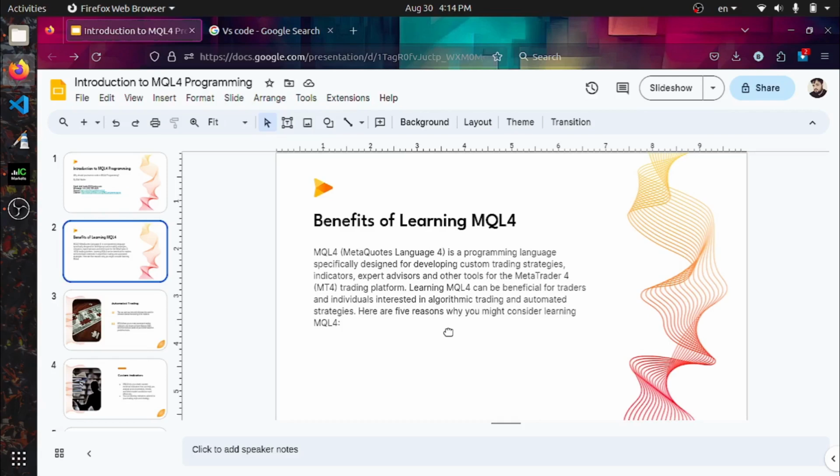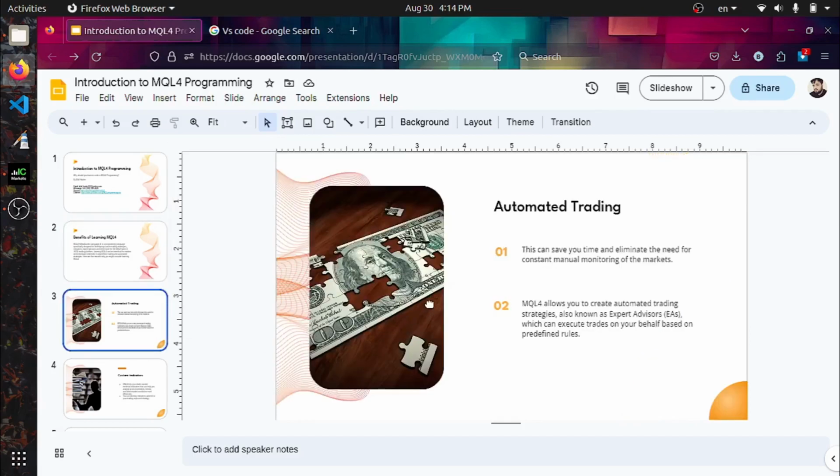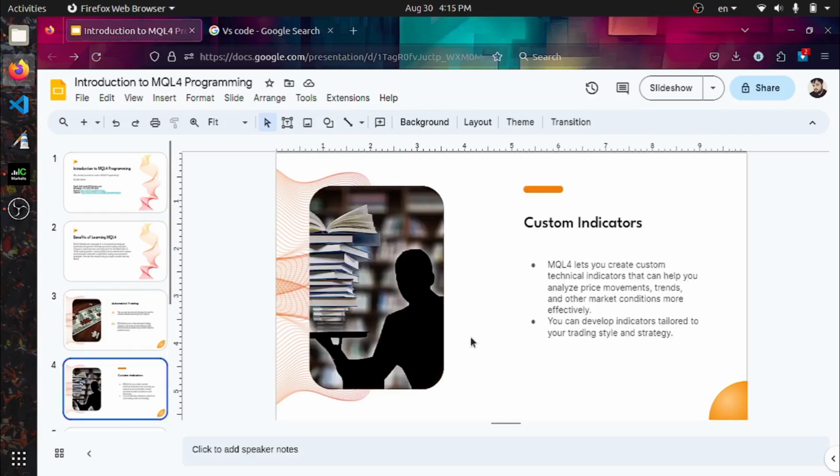Doing it manually is very difficult, but if you write code for it, the code will do it for you automatically. So these are some of the reasons. If you have a trading strategy and you want to automate it, you would use MQL4 programming. Manual trading is slow, but if you write code for it, it becomes really fast.